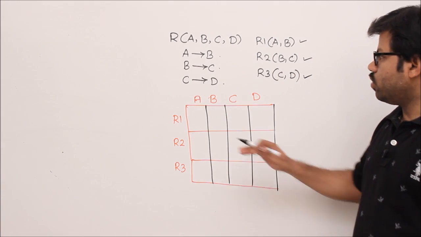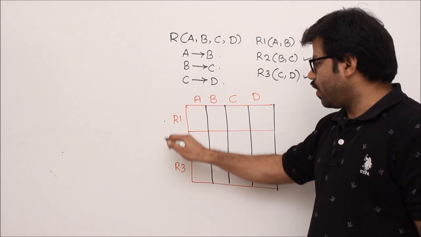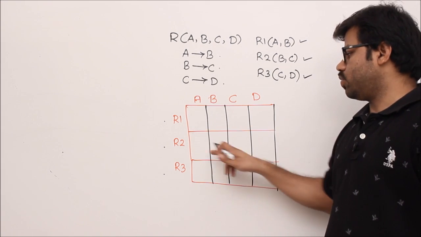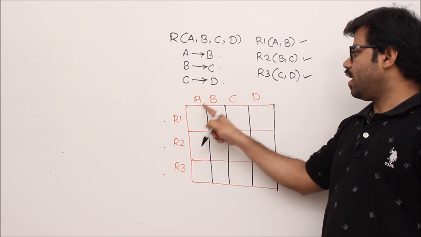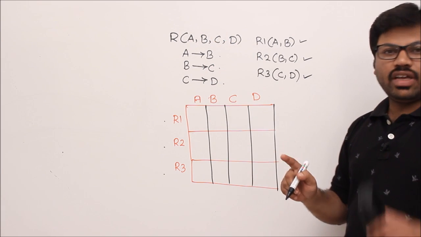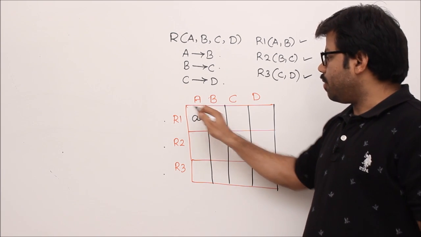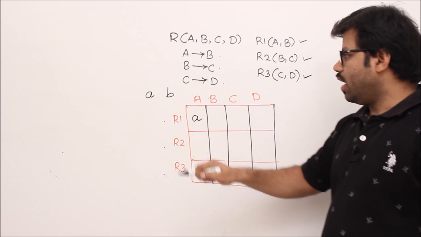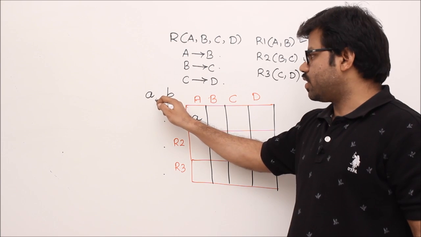Now we will see how to run this algorithm. In this algorithm, we have to identify the number of decomposed tables, 3, right? Then you create 3 rows. Now the number of attributes in your original table is A, B, C, D, so create 4 columns. Now we create 2 kinds of entries. One is a, one is b. I will tell you the purpose of a and b. Generally, a will have only one column, otherwise one suffix.